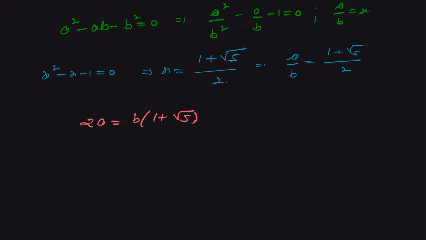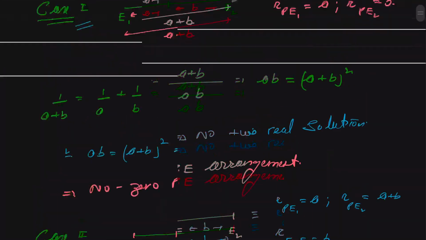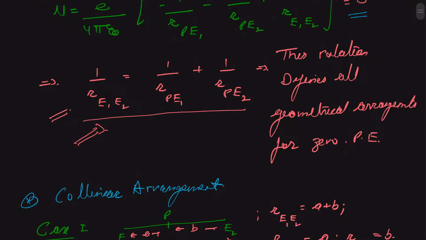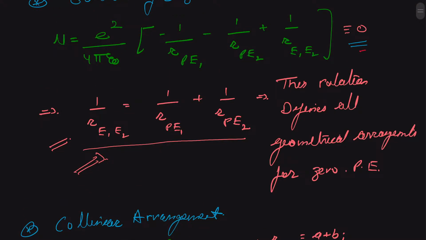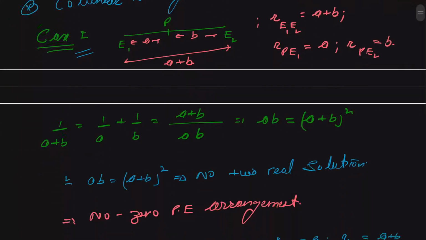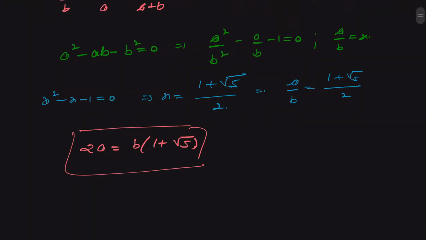If you require, you can solve it further, but that is not required because we got one solution for the quadratic equation. It means that the geometrical condition for the potential energy to be equal to 0 is possible if the relationship between A and B is this one.